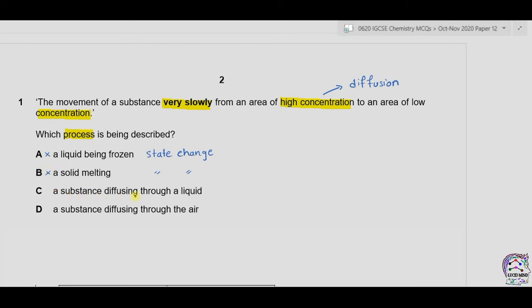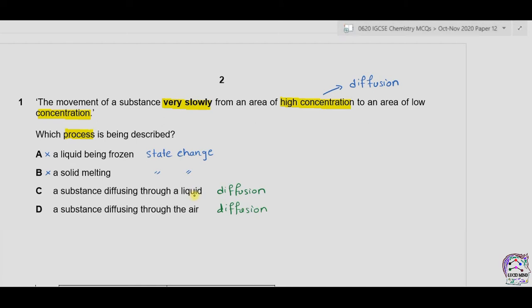C. The substance diffusing through a liquid. Now this is an example of diffusion. For example, ink when put in liquid water, it starts to diffuse. In D, a substance diffusing through air. This is also an example of diffusion. For example, perfume spreading in air.